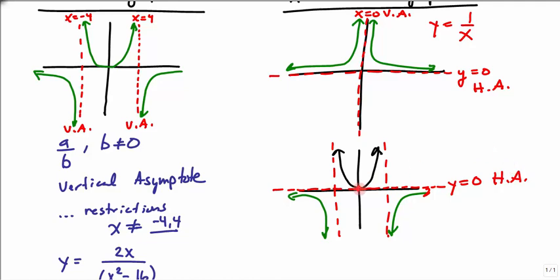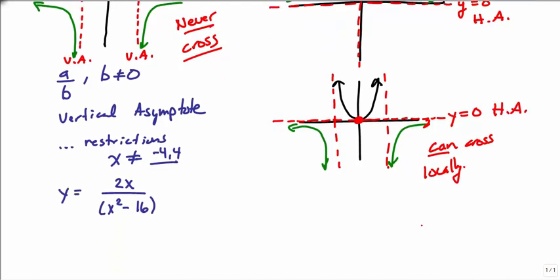Now notice I do cross this locally, meaning near the origin, but I do not cross this at extremes. So a vertical asymptote you never cross. A horizontal asymptote can cross locally, usually near the origin, but not at the extreme. So it can cross locally, but not as we go out toward infinity, in the positive or the negative infinity direction for x.